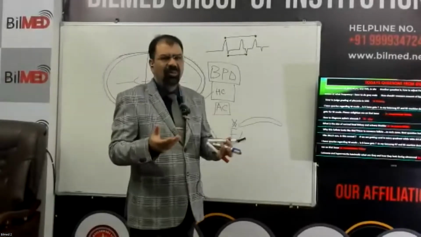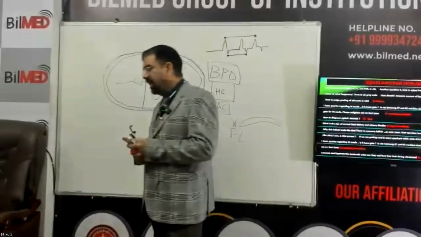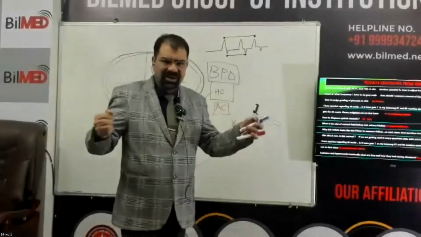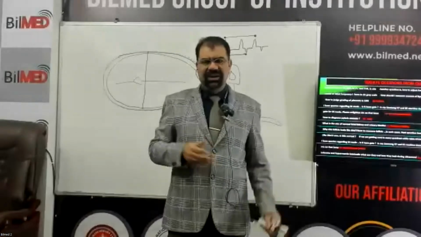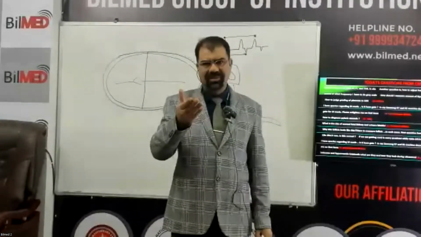How can I say how much should be the frequency? It has to be decided by you depending on the habitus of the patient. If the patient is obese, then you have to decrease the frequency. If the patient is thin, then you can increase the frequency.